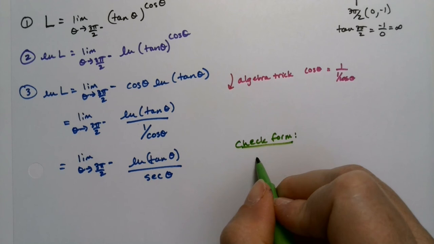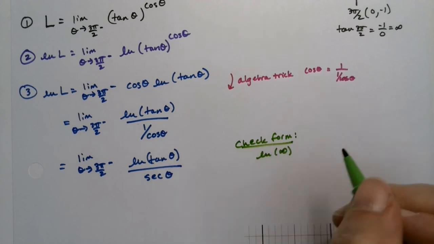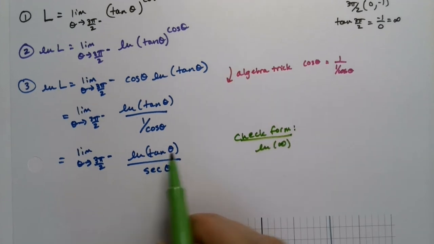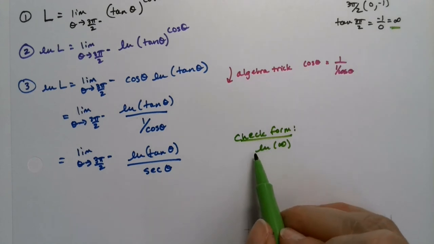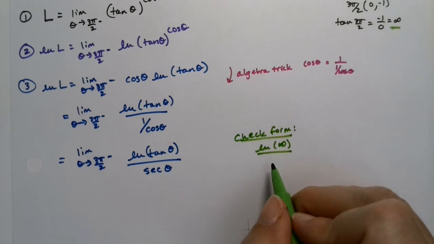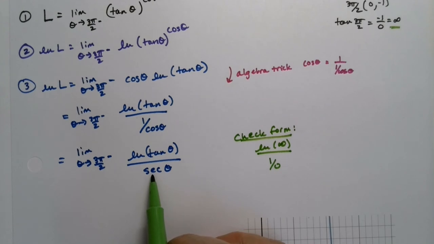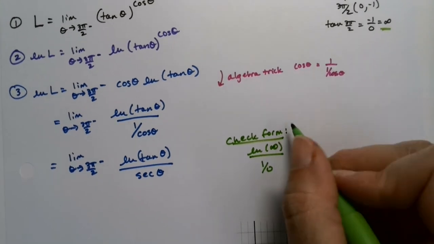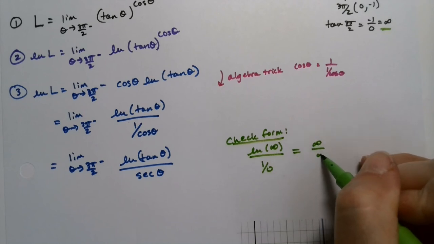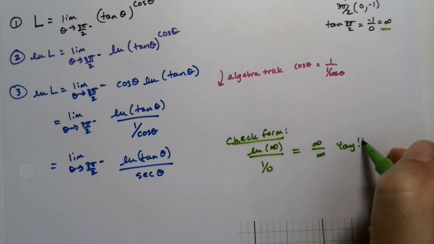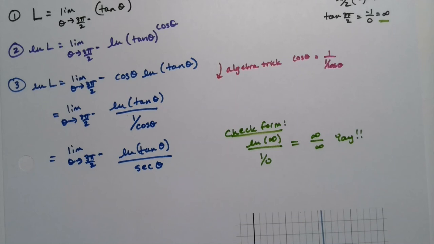We have the natural log of infinity, right? Because the tangent of theta is infinity. We proved that right up here. So natural log of infinity over 1 over 0, right? Because secant is 1 over the cosine. So that's 1 over 0. So that would be infinity over infinity. Yay! Because then we can use L'Hopital's rule.